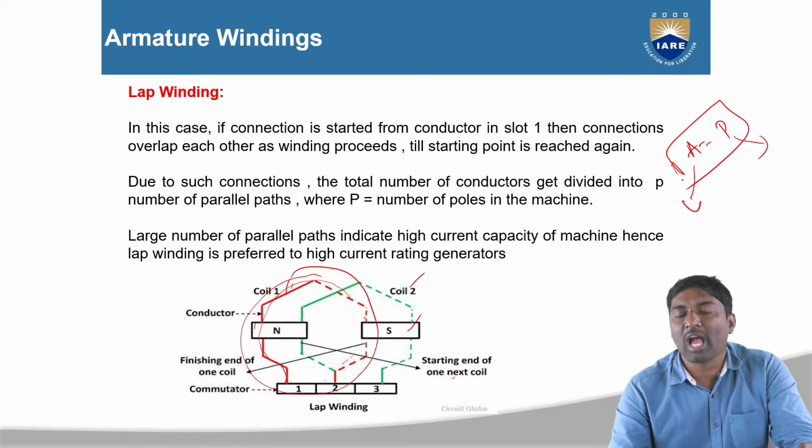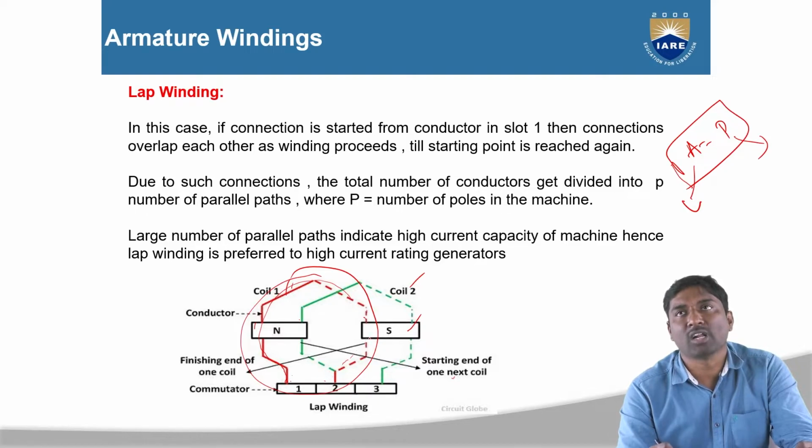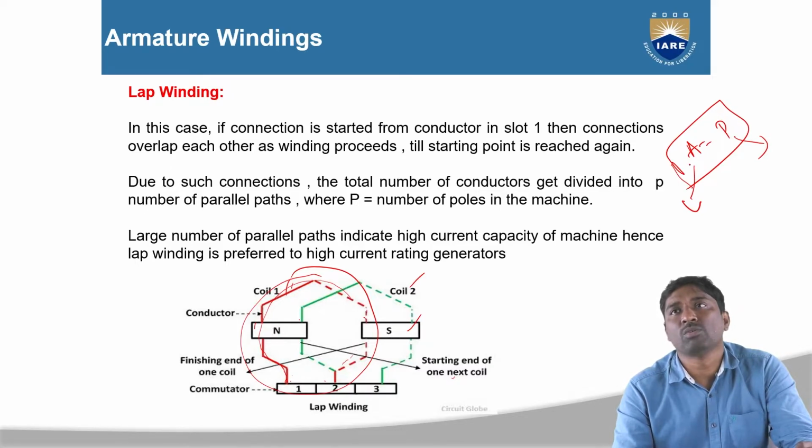According to lap winding, two coils are overlapping each other.